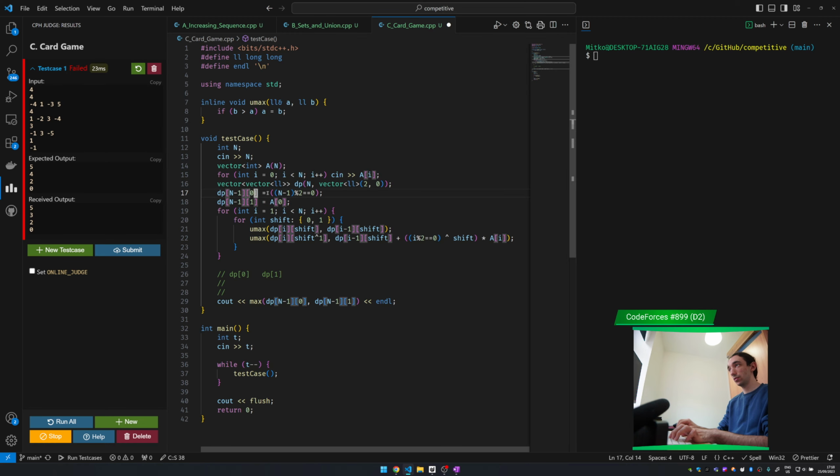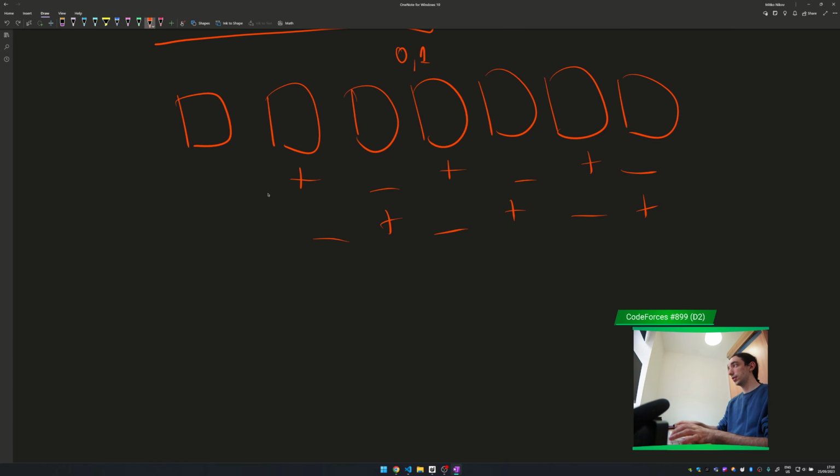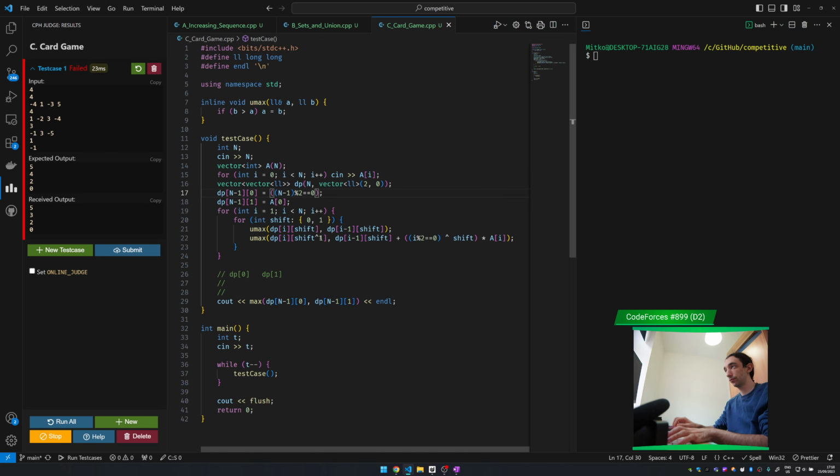I mean there's no shift, let's see. It means, okay, 0, it means that here, let's say it's empty. Let's say this. And 1, it goes with 1, with this n minus 1.